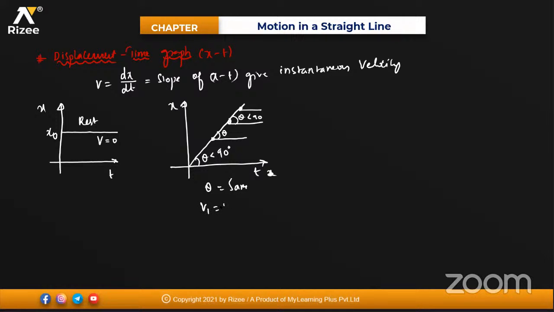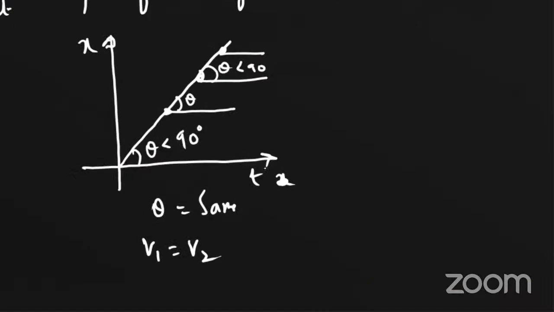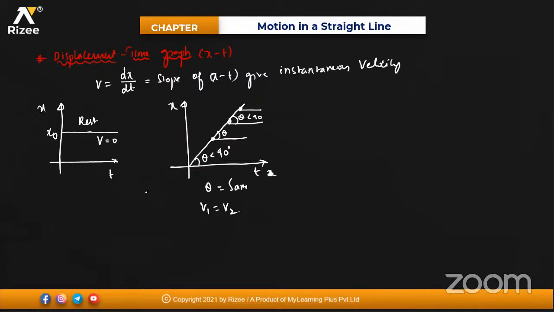So V1 will be equal to V2, if this is point 1 and this is your point 2.